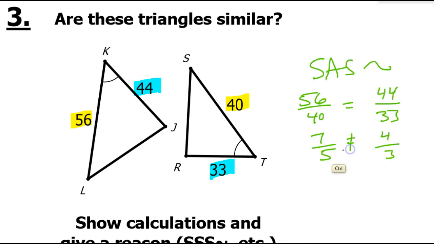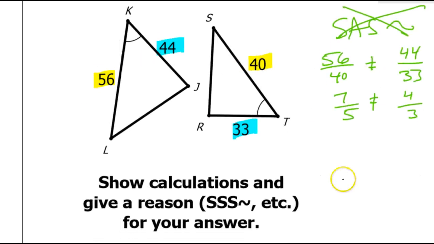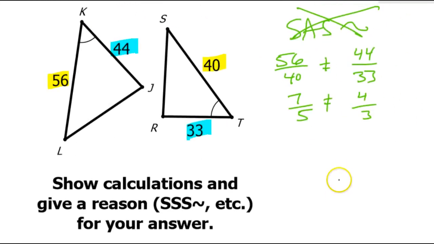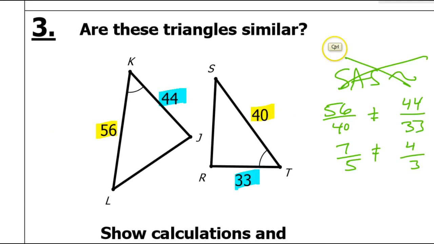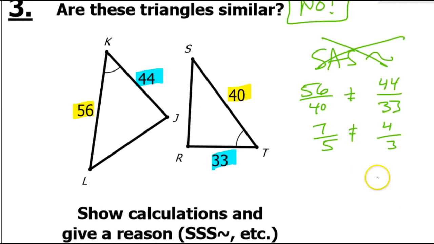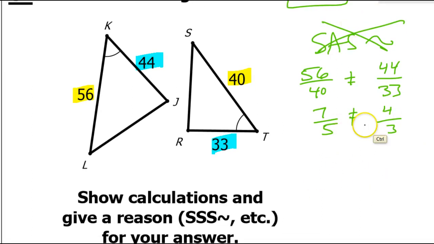Alright, 7/5 does not equal 4/3. So these sides are not proportional. So we do not have side angle side similarity. Okay, so are these triangles similar? The bottom line is no. But you have to show your calculations.